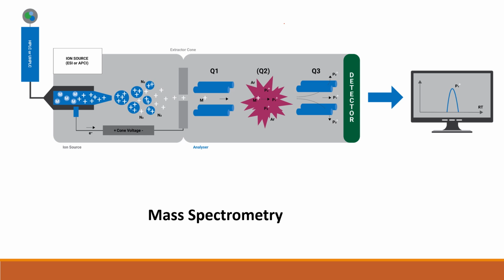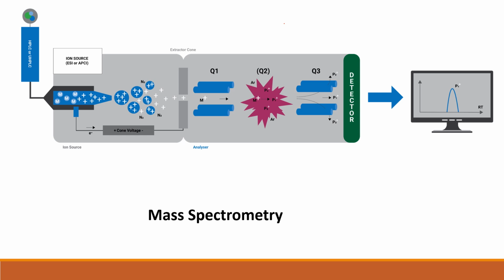Here also the sample is destroyed, that is, it is ionized, and those ions go through the Q1 quadrupole and then the Q2 quadrupole, where they are bombarded with high voltage and daughter ions are produced, and then they go to the Q3 quadrupole and the daughter ions are detected.